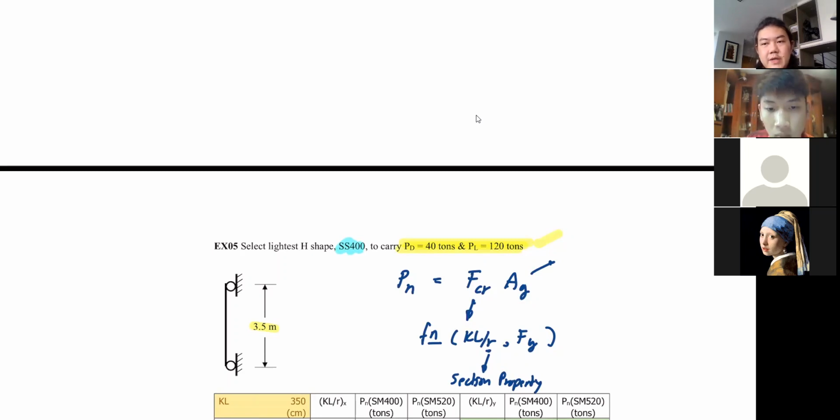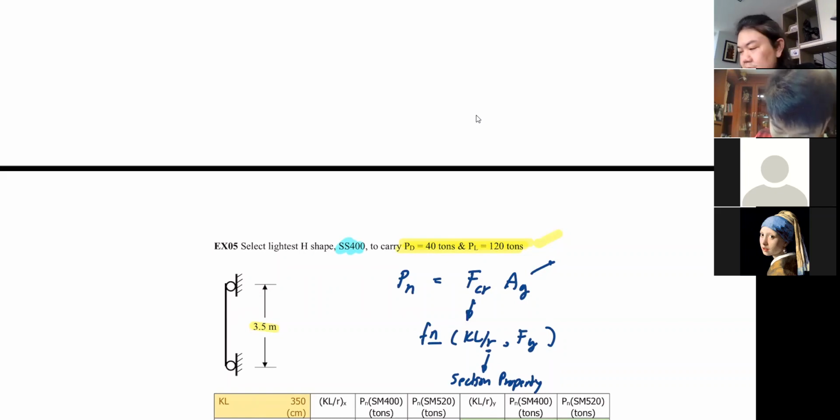In general, in the old days, you're going to have to do something that you probably love very much, that is called trial and error. I know you don't love it. But fortunately, in the past few years, I have collaborated with SYS, and we developed the design table for the members.